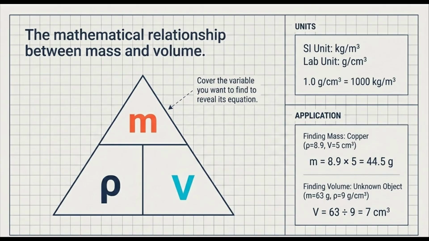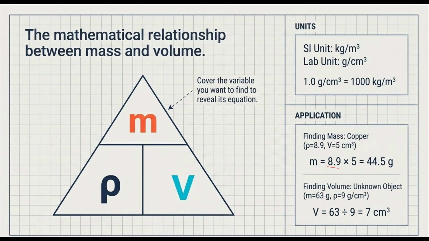Okay, now let's see one example. Imagine that there is a copper block which has a mass of 89 grams. So mass is given here, that is 89 grams, and it occupies 10 cubic centimeters.